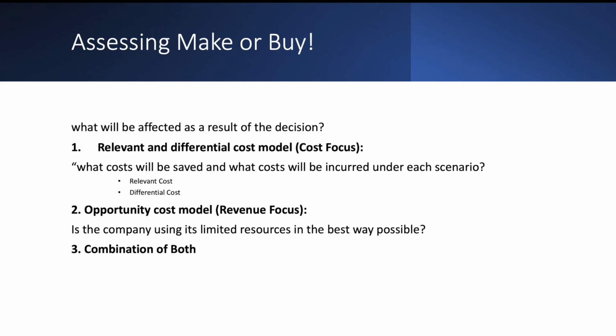So the best thing is a combination of these; combining the results of the two models would be appropriate. Now, definitely, when we move on, we have to consider a couple more factors in terms of qualitative issues. Quality of the outsourced products.